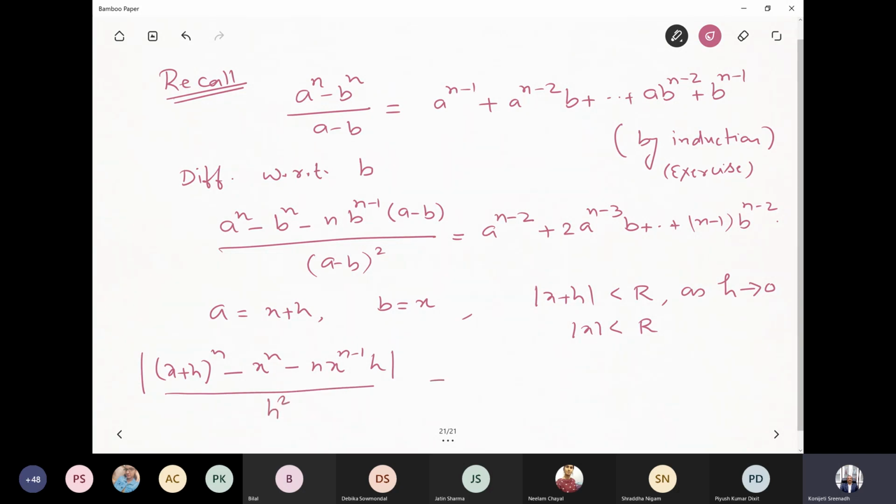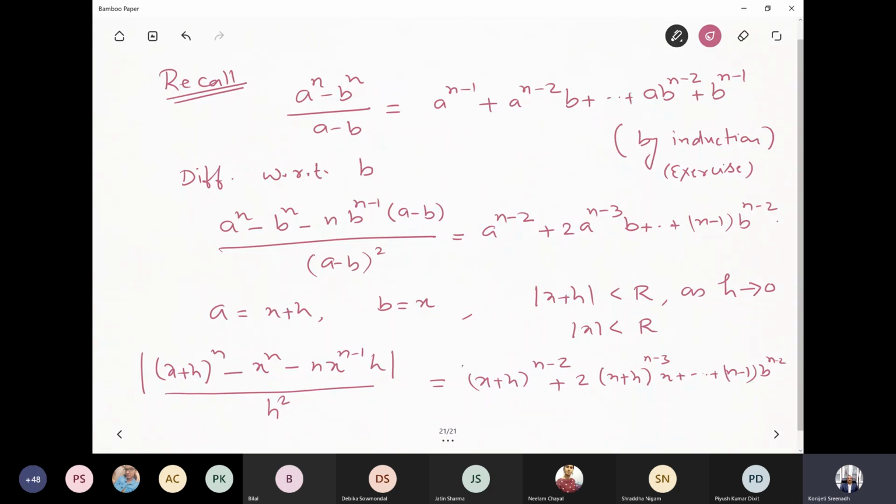So this is equal to (x + h)^(n-2) plus 2 (x + h)^(n-3) x plus ... plus (n-1) times b^(n-2). This is what we get.